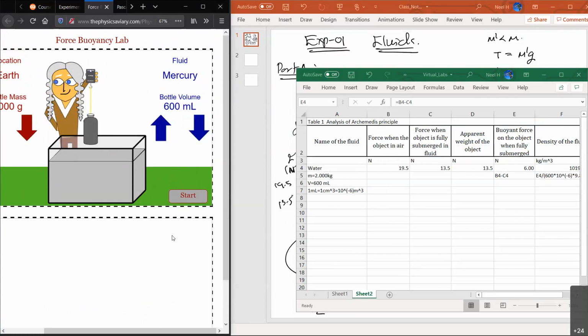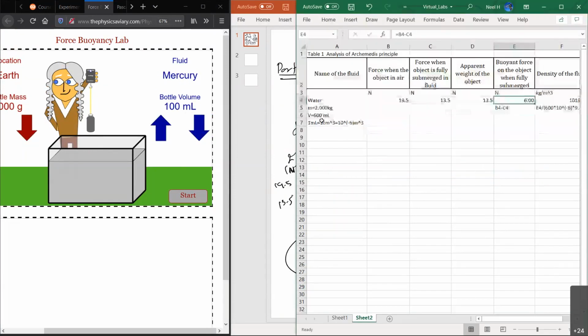So I have to change that, which means clicking this blue arrow downward to make the volume really small, the smallest possible number we can get, which is 100 milliliters.